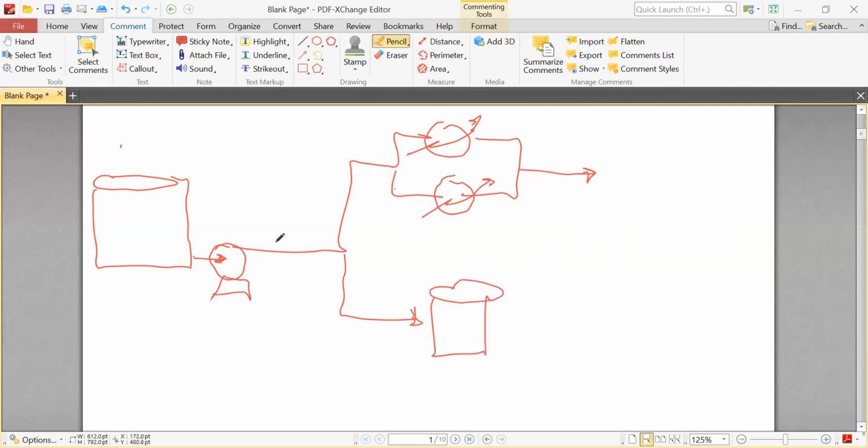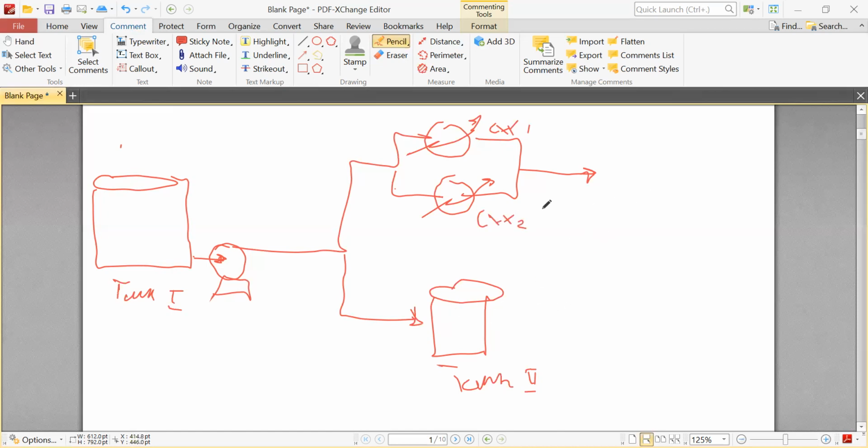In this case, the pump will transfer the fluid from tank 1 to tank 2, and cooler 1. Let's put some tag numbers here for cooling water 1 and cooling water 2.